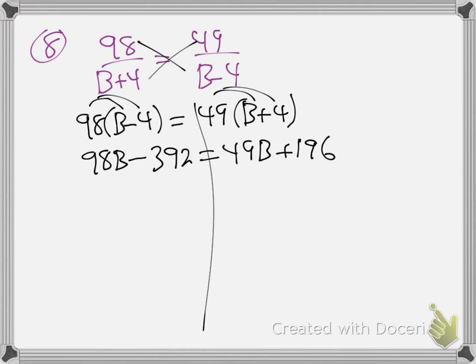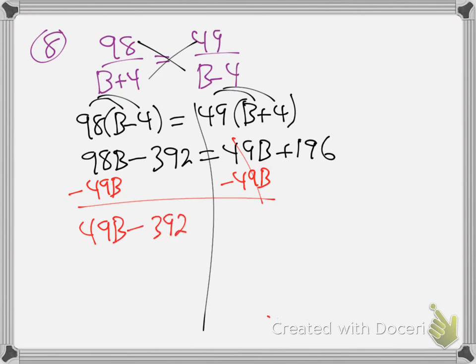Trying to solve for B, the boat speed. What are we going to do when we have B on both sides? Get rid of one of them, huh? Subtract one of them. Yeah, totally. So subtract 49B. So what is this? 49B minus 392 is 196.